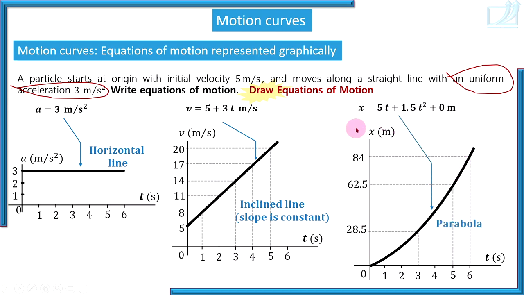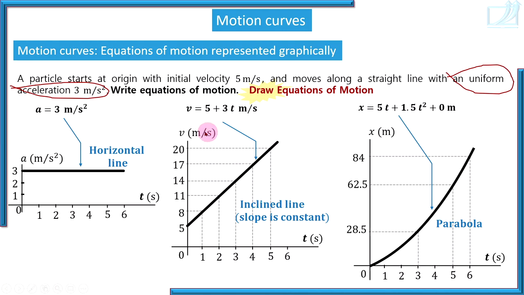Check this equation. y is equal to ax squared plus bx plus c. This is the standard equation of a parabola. So to draw equations of motion means to draw the variation of those variables, acceleration, velocity, position, along time t.